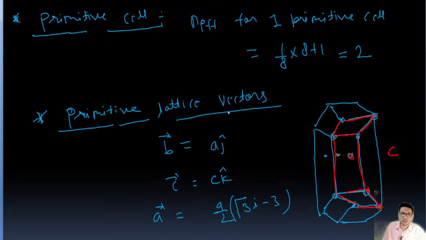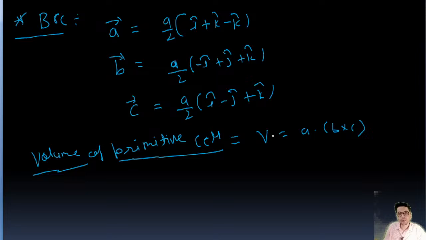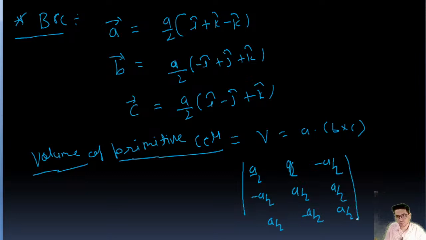So the volume of the primitive cell is A dot B cross C, and we can easily find it as the determinant with rows a by 2, minus a by 2, a by 2, and so on.